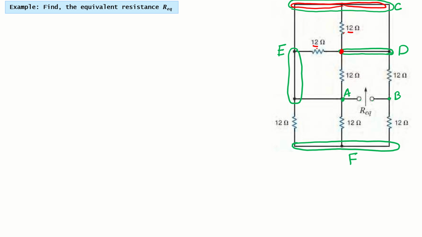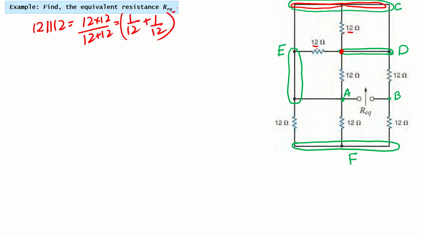And 12 ohm and 12 ohm in parallel, what will that be? 12 times 12 over 12 plus 12, or 1 over 12 plus 1 over 12, inverse. Either way, it will be equal to 6 ohm.